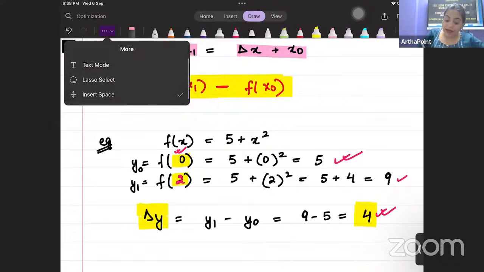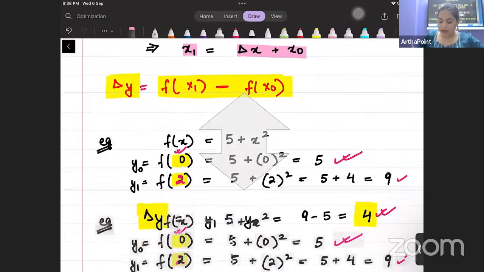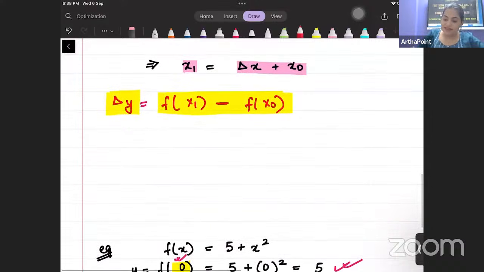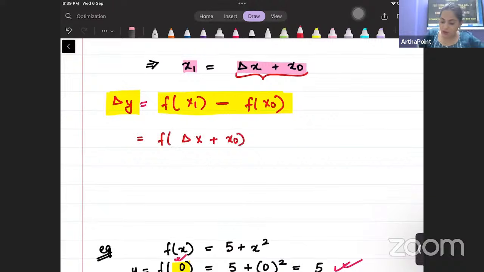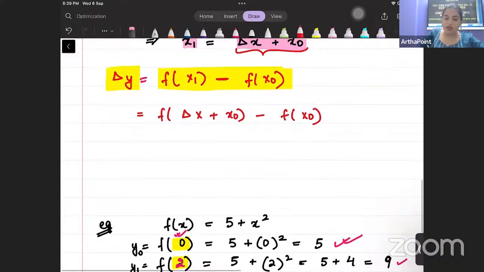But I have gone ahead and I have written x1 as this. x1 को तो ऐसे लिख दिया ना. So which means this is nothing but f of change in x plus x naught minus f of x naught. Right? This is your change in y.